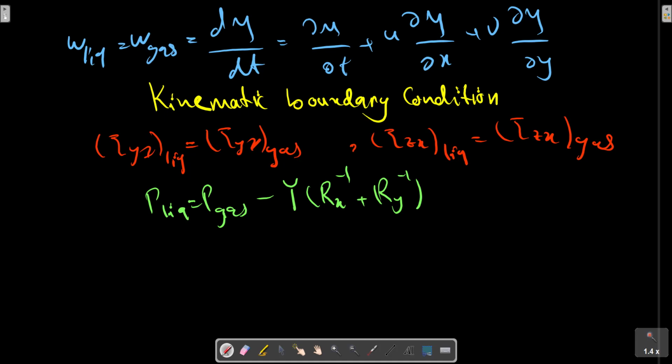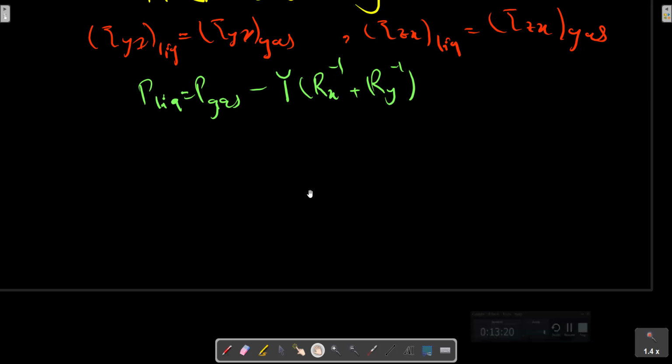The radius of the curvature can be written in terms of the free surface position eta. The relations are available in the references, and finally we have the boundary condition for heat transfer.